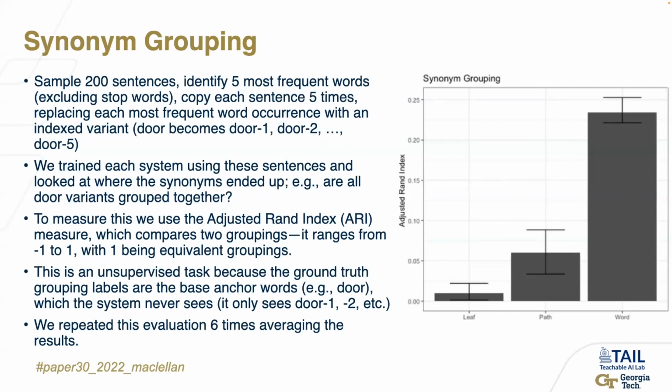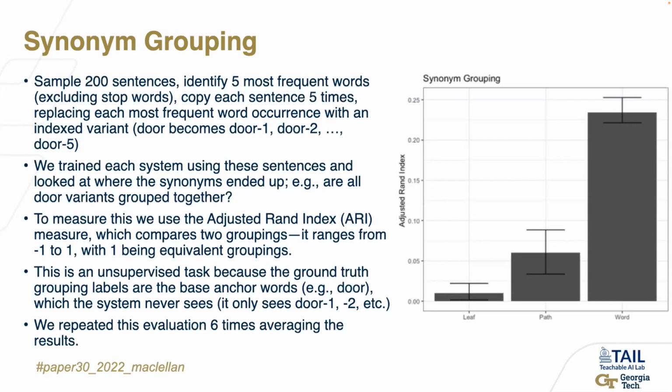So, every occurrence of the word door, we would copy the sentence 5 times, and each of the 5 sentences with the door would be door 1, door 2, door 3, up to door 5. So the idea here is that this ensures that we have 5 different variations of door that all have identical context. So they're basically synonyms of each other.